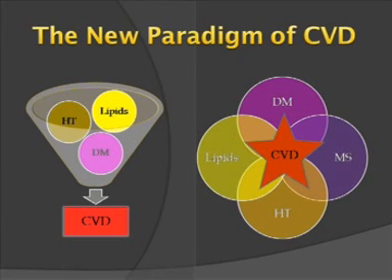Basically, dyslipidemia, metabolic syndrome, diabetes, insulin resistance, hypertension, all these together act, and they are not different diseases anymore. They are the different facets of the same atherosclerotic vascular disease or the forerunner, the cardiometabolic risk.